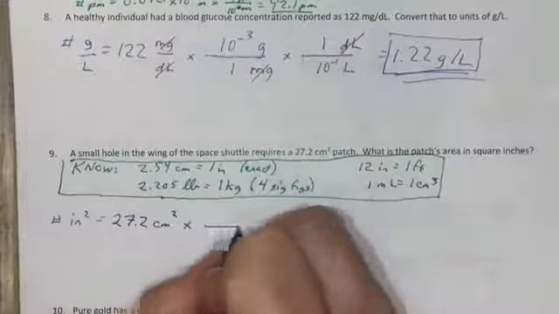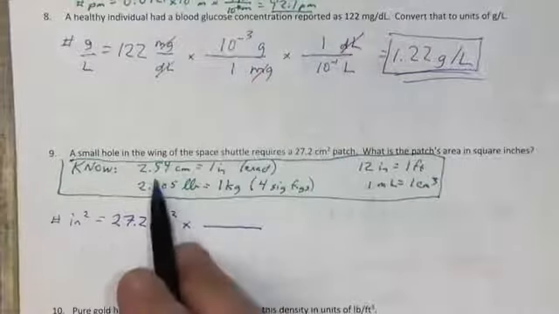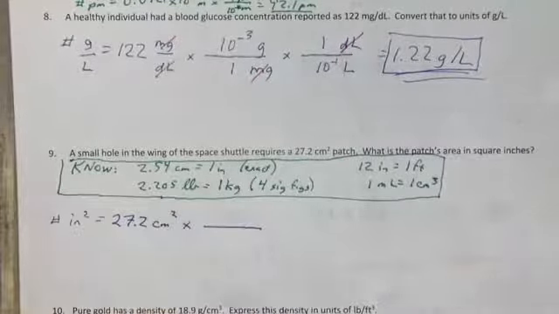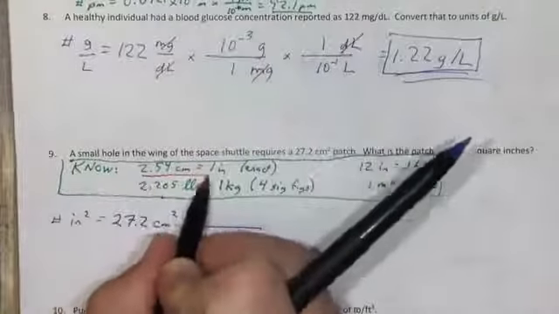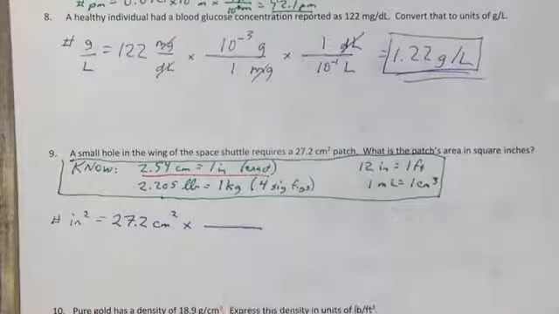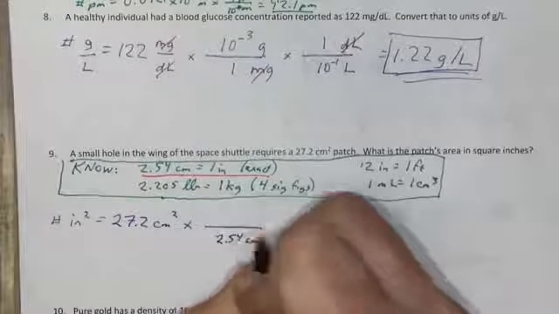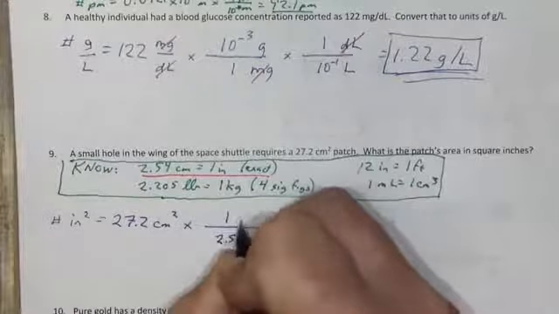So I'm going to say times, draw a line. And to go from centimeters squared to inches squared, I'm going to use this top conversion factor. 2.54 centimeters equals 1 inch. So I'm going to put down in the denominator 2.54 centimeters equals 1 inch.